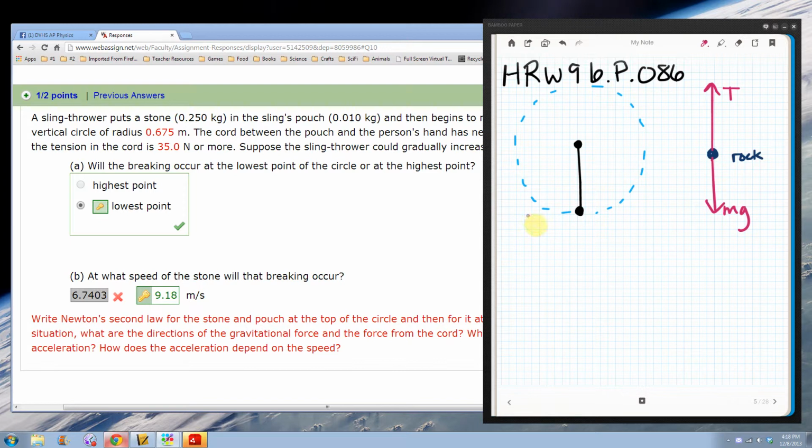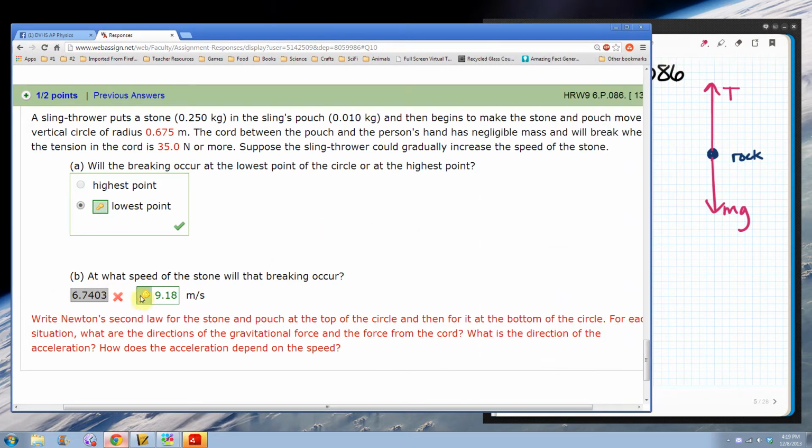So it's adding centripetal force and gravity. That's a lot. Whereas when it was at the top, the tension doesn't even have to be there. It could be only the centripetal force being provided by the weight of the rock. We could have no tension and it'd be okay. So the bottom's going to be the toughest.